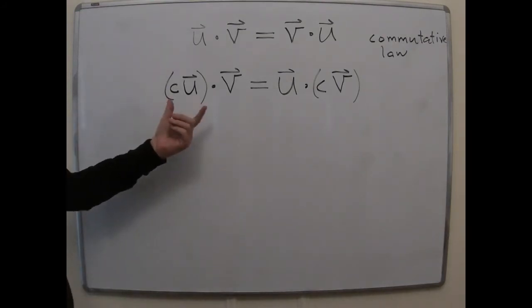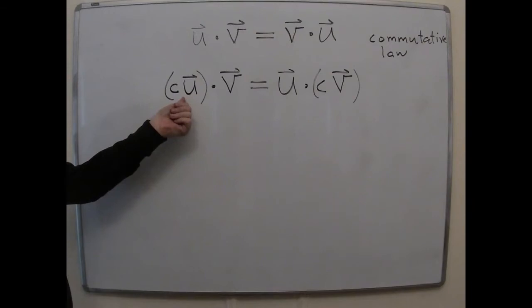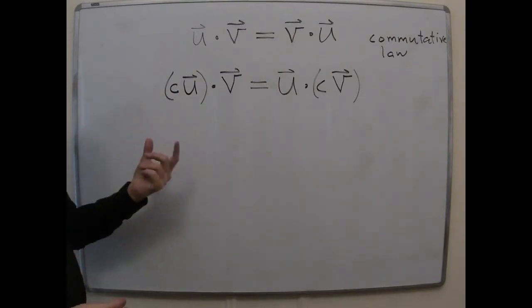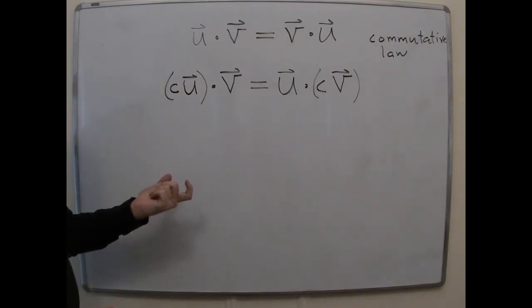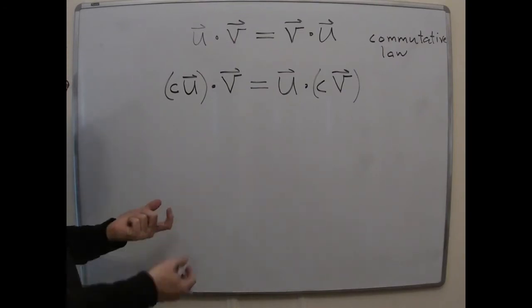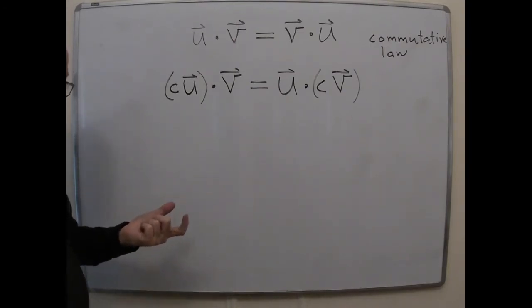Well, think of it this way. You changed the magnitude of u. You stretched u by a factor of c. So the product, u times v, has u multiplied by something times v.